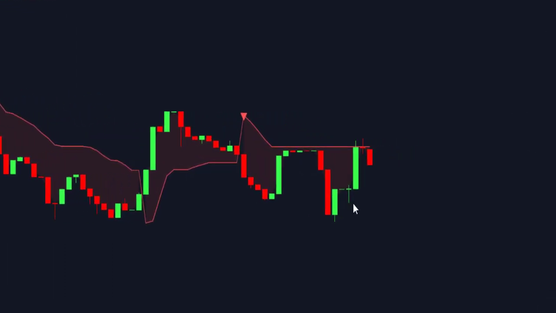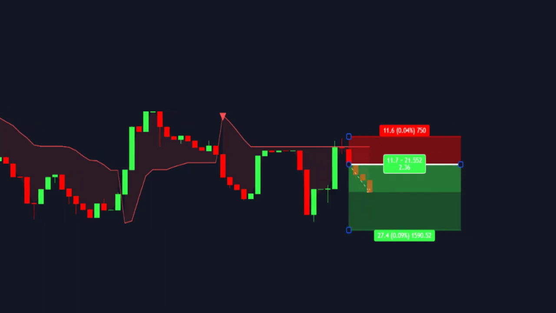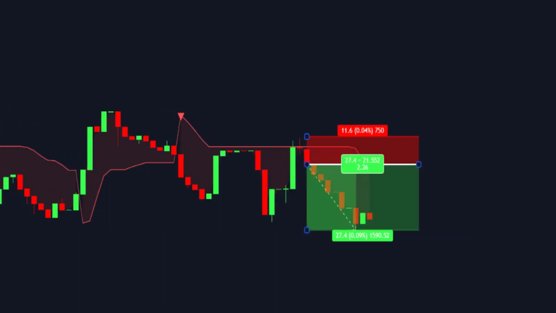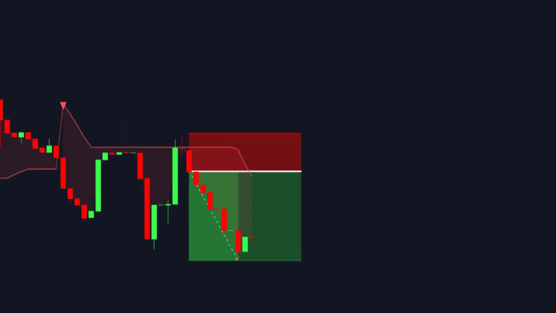And eventually we see that price has formed an evening star, which is a very good reversal pattern. So with this confirmation, we can enter a trade, setting our stop loss slightly above the candle that retests the line and targeting a 2 risk-reward ratio. As you can see, this trade played out nicely.